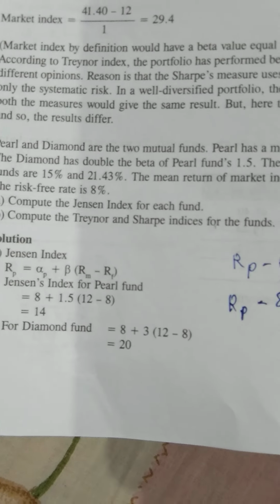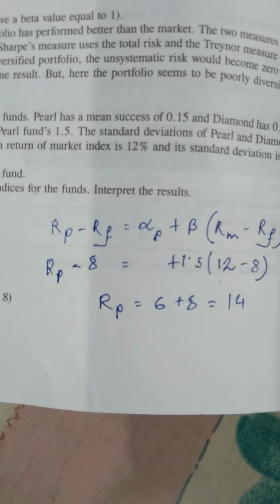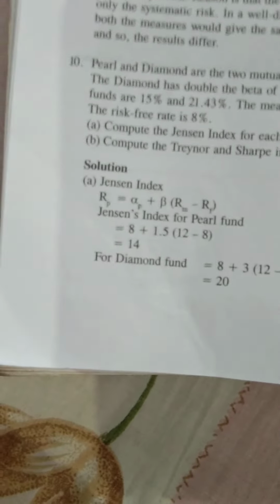Very easy. Now again we are doing it in the same way. Look here. RP, you don't bother with the left one, rather you concentrate on the right hand side, what I have written in my own hand. RP minus RF equals alpha P plus beta into RM minus RF. RP we do not know. Now RF is 8, given. Alpha value is not given.